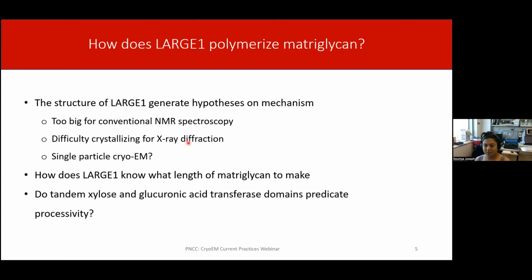We weren't able to crystallize it, but we were able to use single particle cryo-EM to determine the structure of LARGE1. So some of the questions that we asked were how does LARGE1 know the length of matriglycan to make? Clearly the short one isn't enough. And do the tandem xylose and glucuronic acid transferase domains predicate processivity?